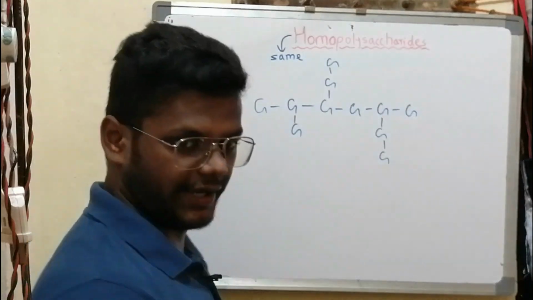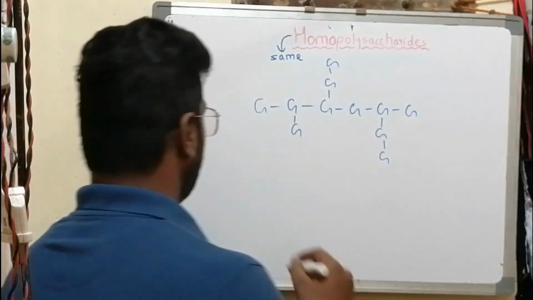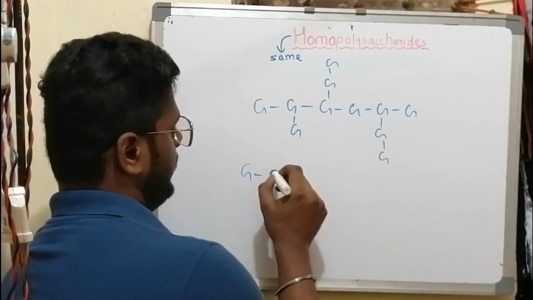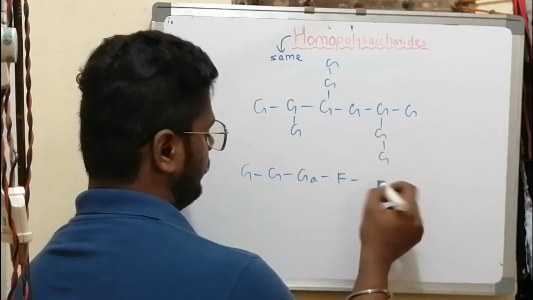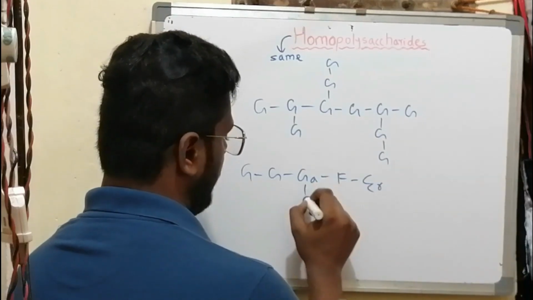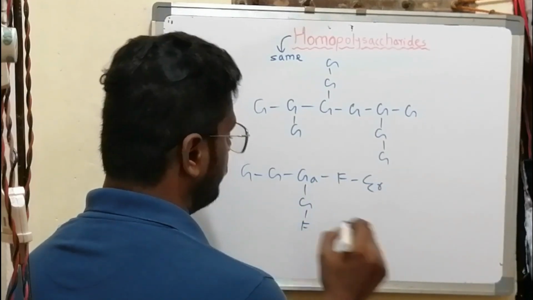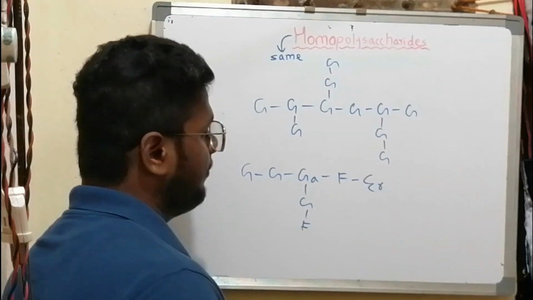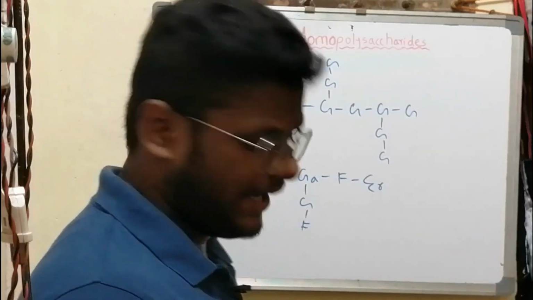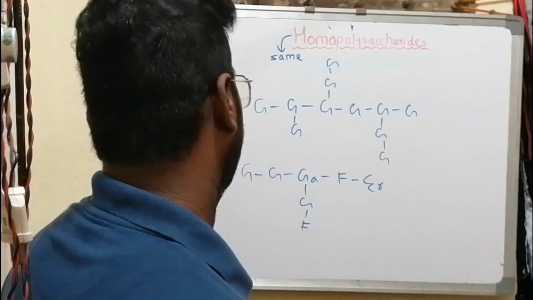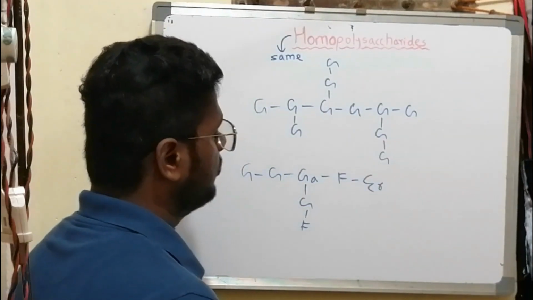a homopolysaccharide. Now if I have glucose, then galactose, fructose, let's say erythrose, and glucose, fructose, here the types of monomers are different. We are using different types of monosaccharides, and if I try to hydrolyze them, I would be getting different monosaccharides.